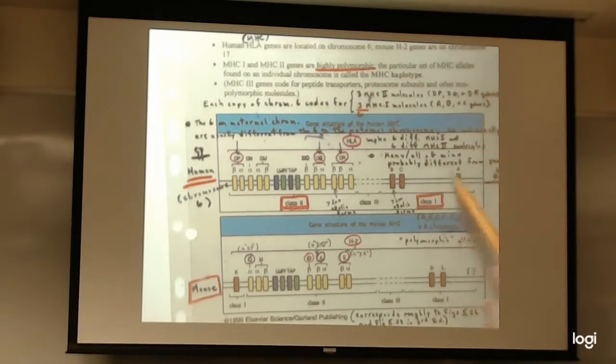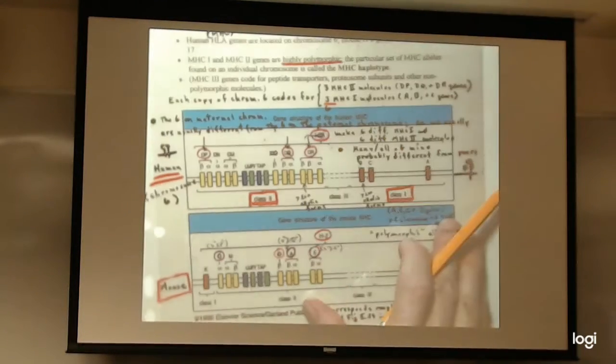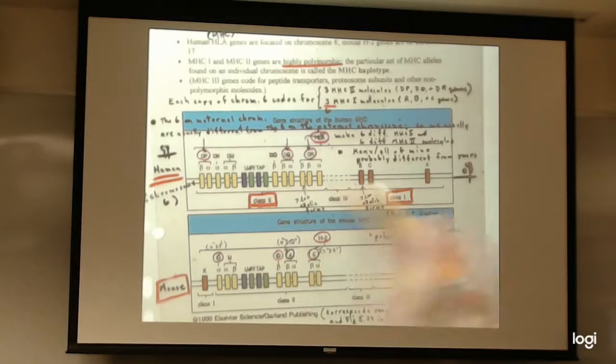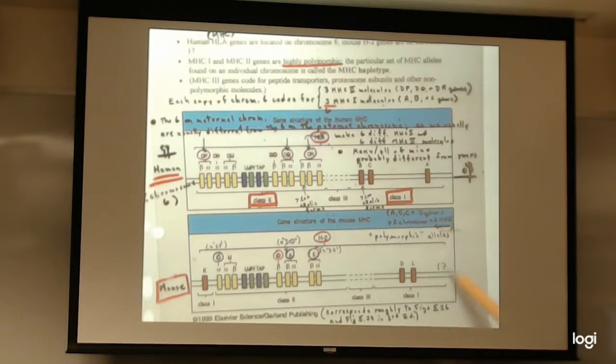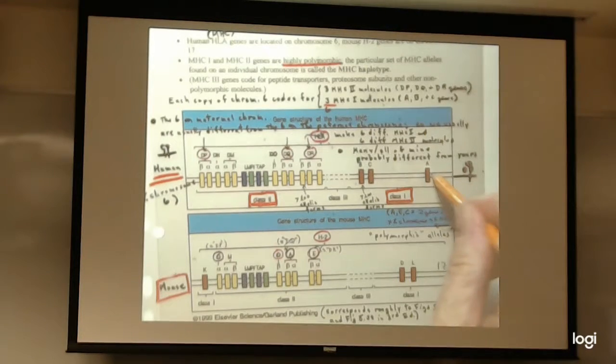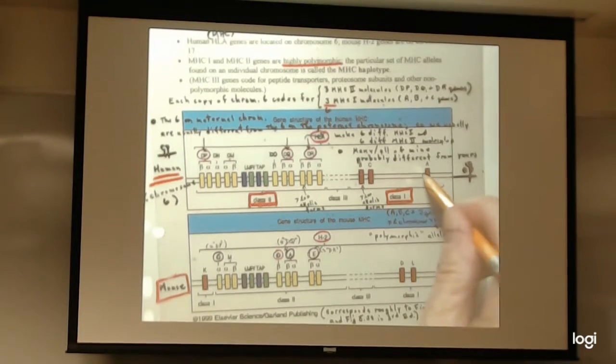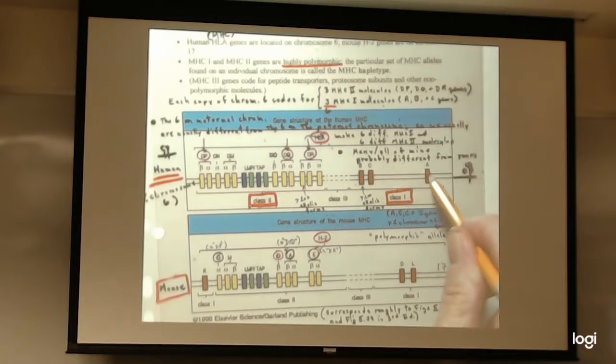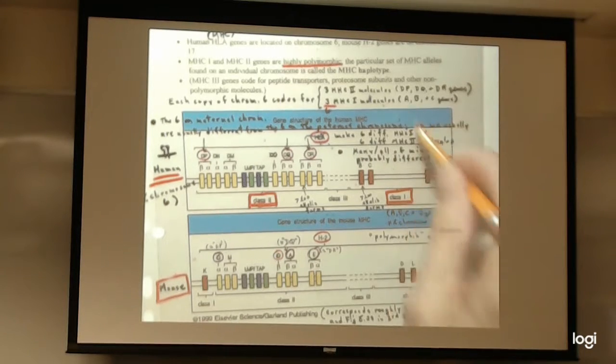Okay. So we're diploid organisms. I got this chromosome from my mother, and I got the corresponding chromosome from my father. My father's A gene is slightly different, probably in amino acid sequence, from my mother's A gene.